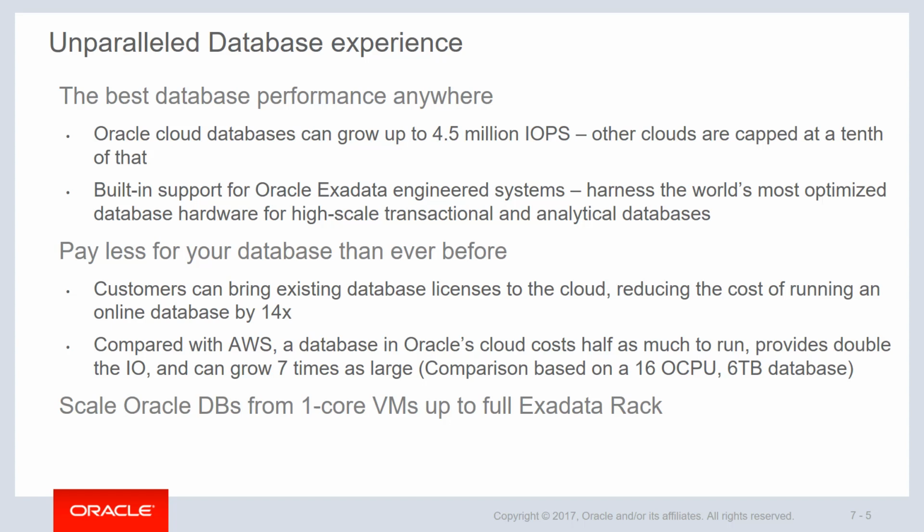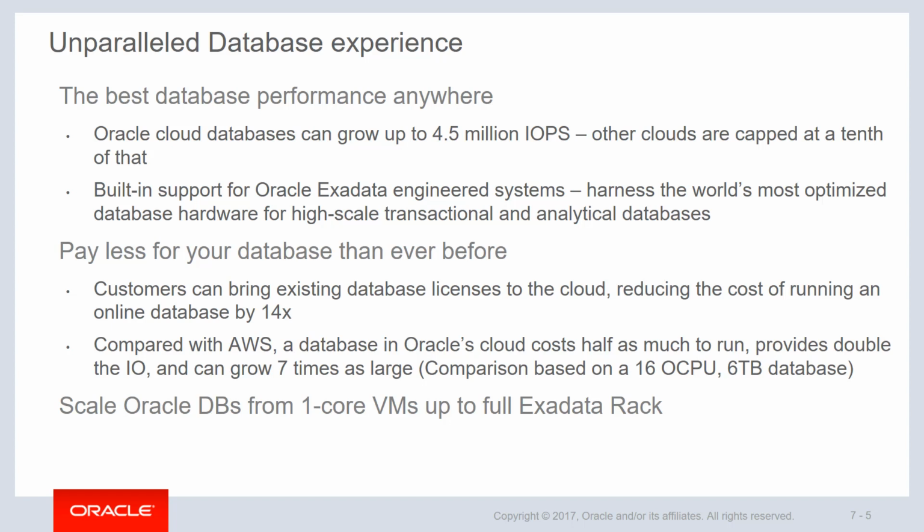Customers will also pay less than before, and they'll pay less than other clouds. Customers can bring their existing database licenses, which reduce costs significantly. And if we compare this with Amazon Web Services, a database in Oracle's cloud will cost half as much to run. It also provides up to twice the input-output, or disk level performance.